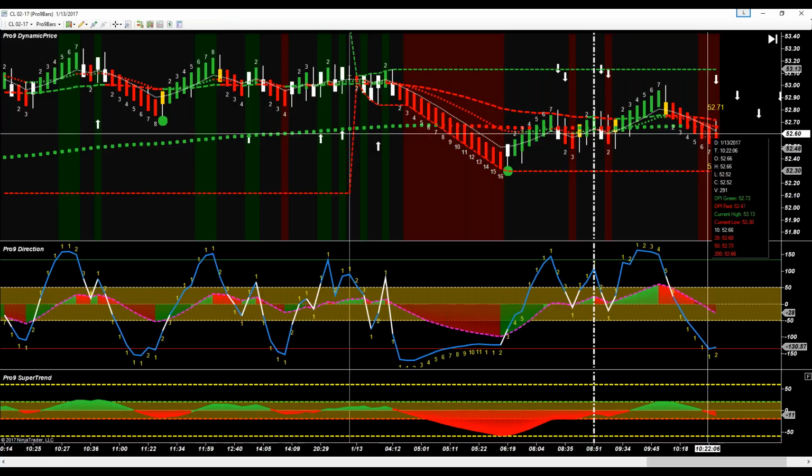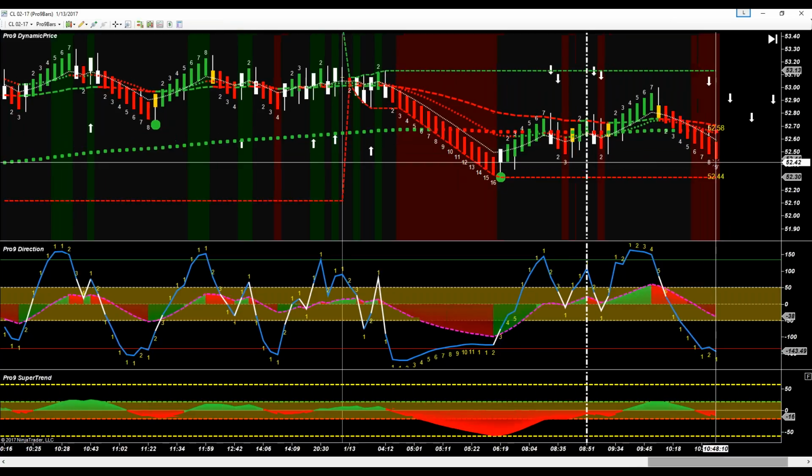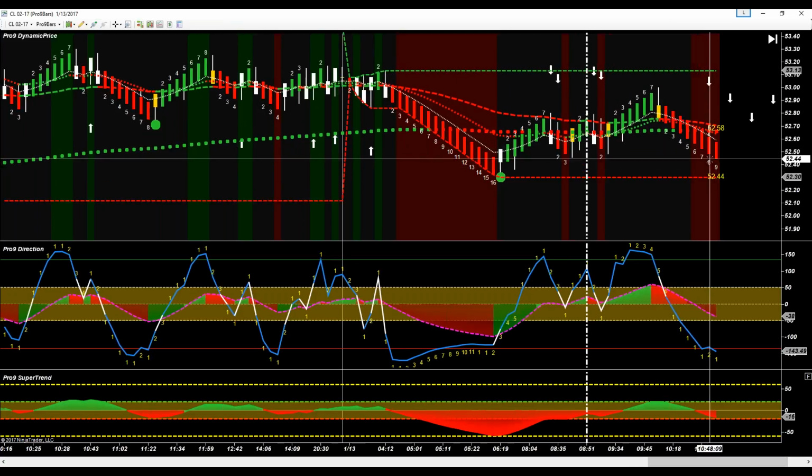So we'd be looking at 52.41 as our profit target. And again, with our momentums, 3 contracts. Six-tick profit target, 15-tick stop.